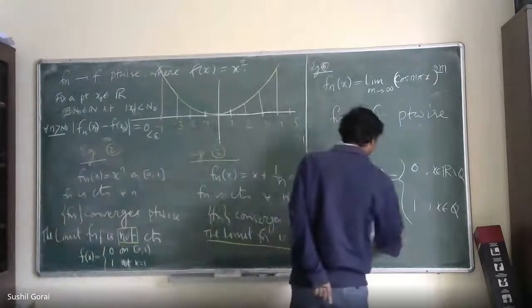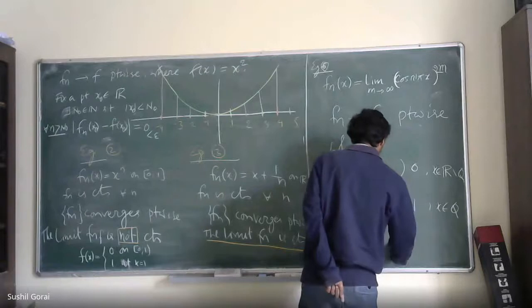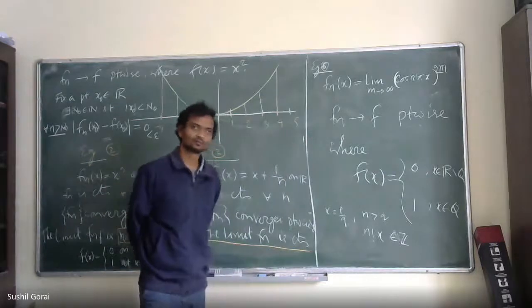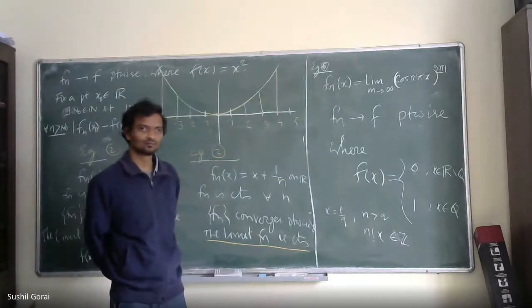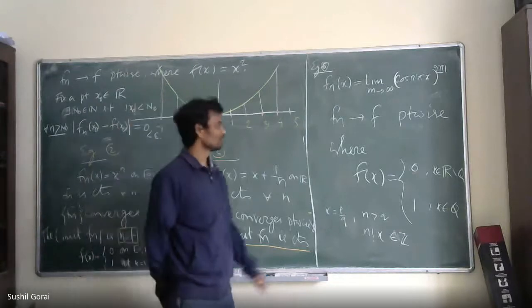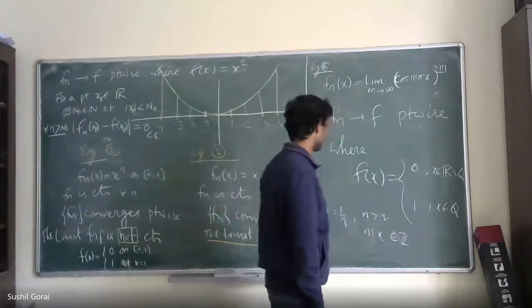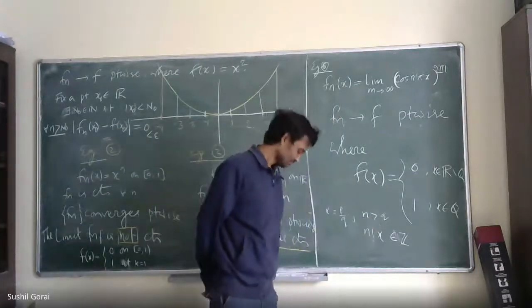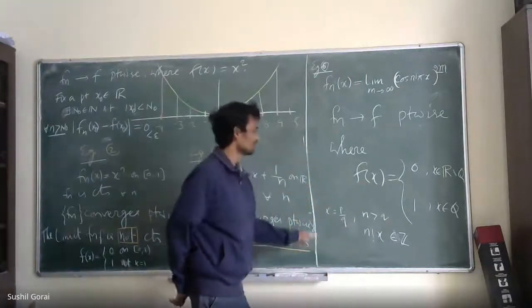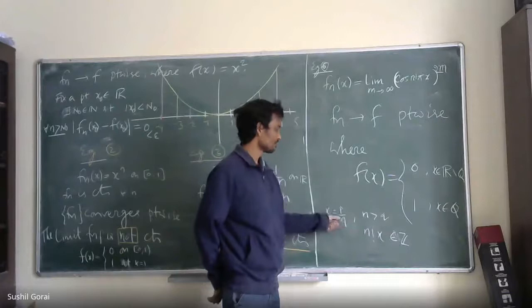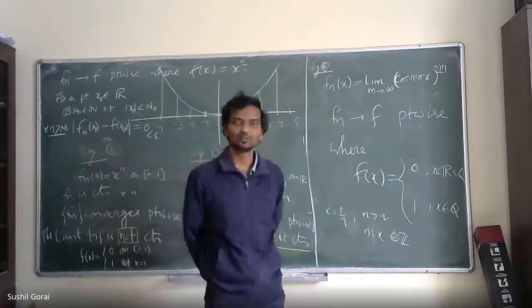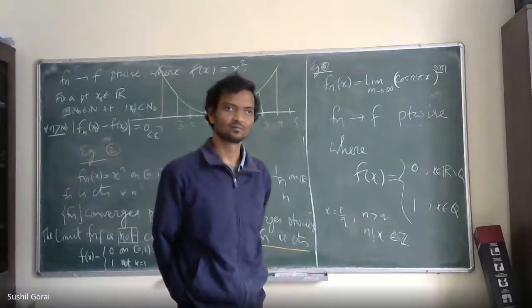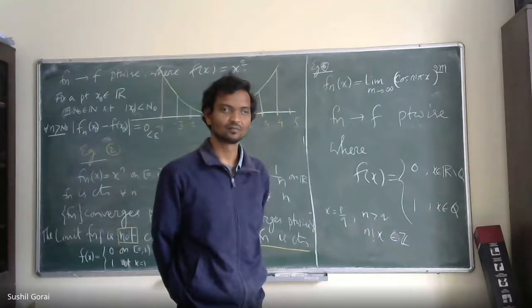This is an integer, this belongs to Z. So you get the value 1 at p by q for all n greater than q. Hence it converges to 1 at x equal to p by q.